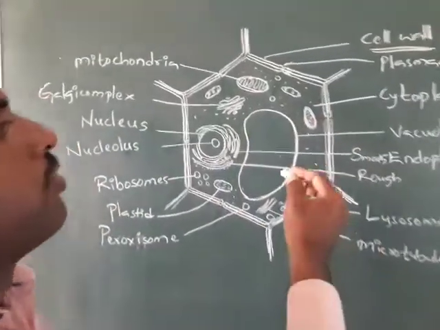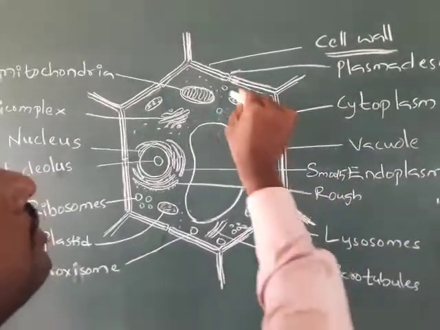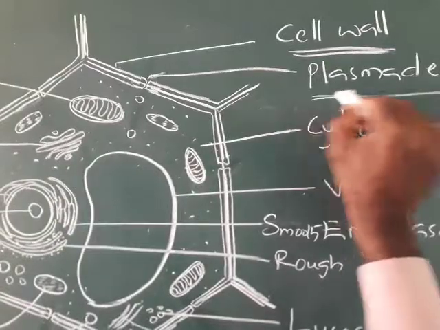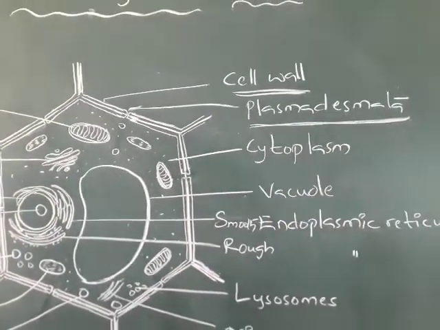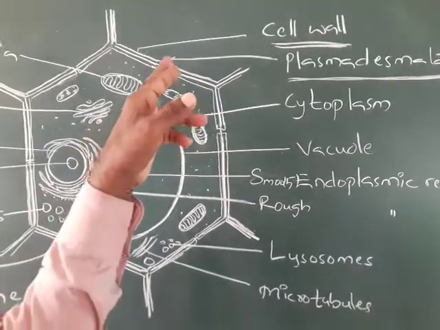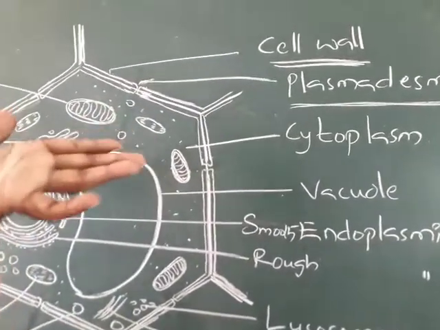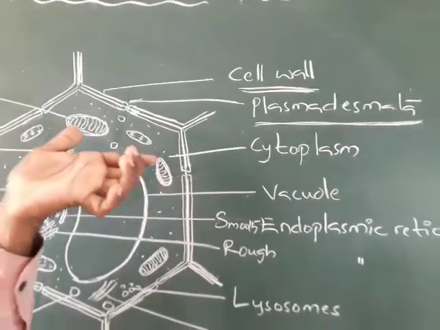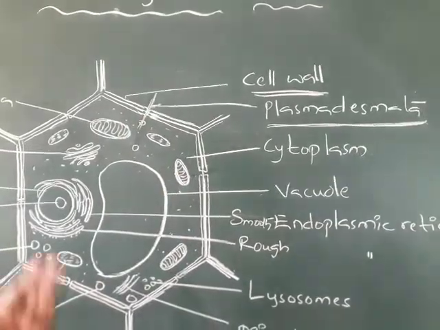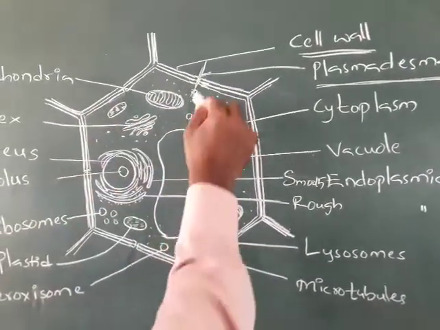In detail. Here the cell is enveloped by the cell wall, and this cell wall is interrupted by the plasmodesmata. What are the functions of the plasmodesmata? They are the interconnections between two cells, the cytoplasmic connections.